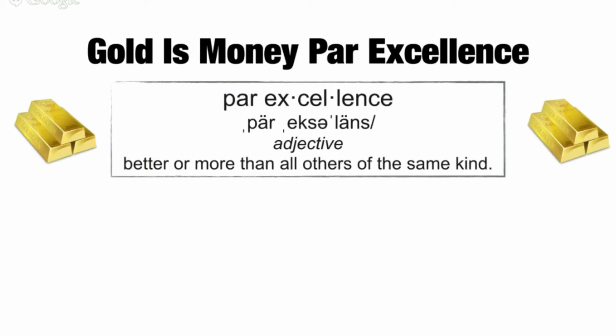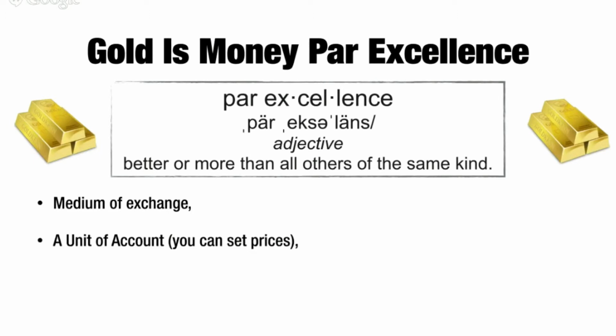There's a lot of things that could be money. Gold is money par excellence. It is the best kind of money that has ever existed or ever will probably exist. Maybe we'll find something cool when an asteroid hits our planet, some extraterrestrial metal that's better. But for now and for the foreseeable future, gold is money par excellence, because it is a medium of exchange, and it has been for 5,000 years, right?